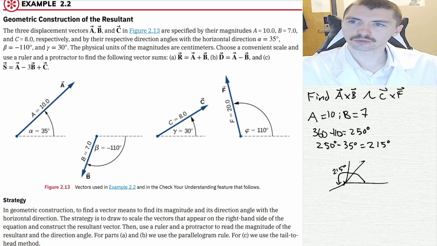This was the original vector, this is B. I'm guessing angle B minus angle A is phi.